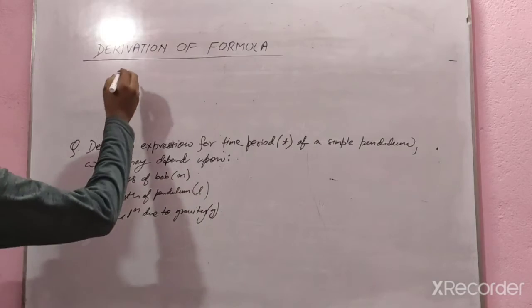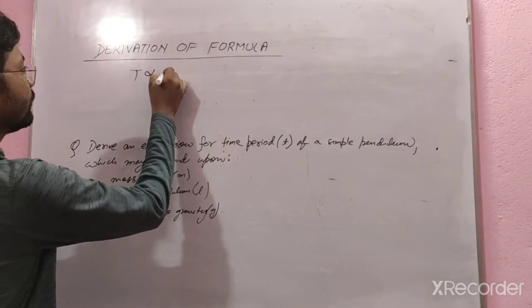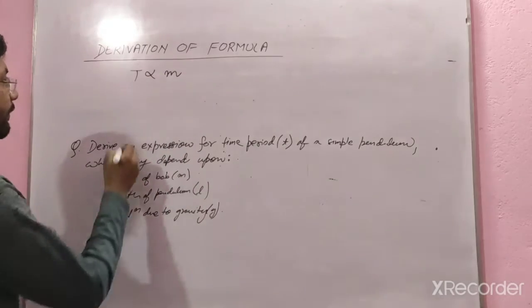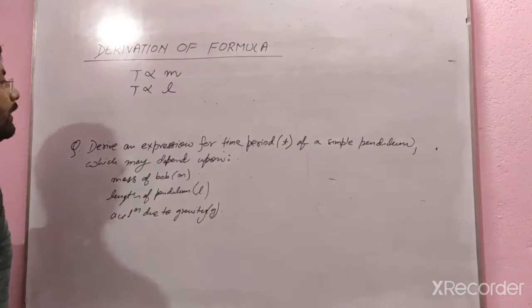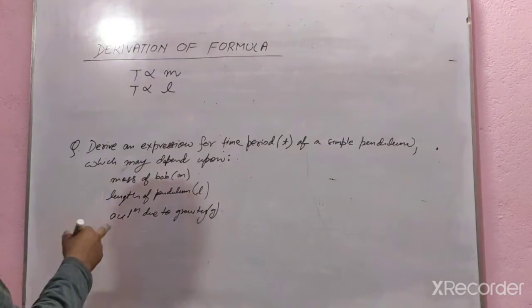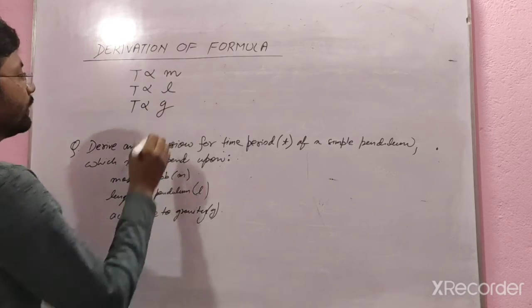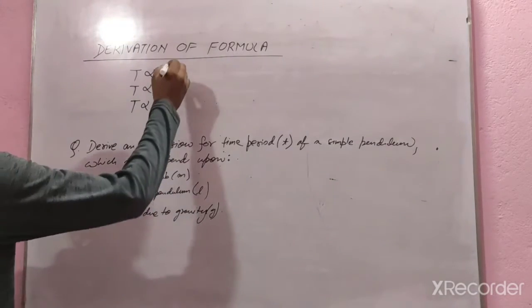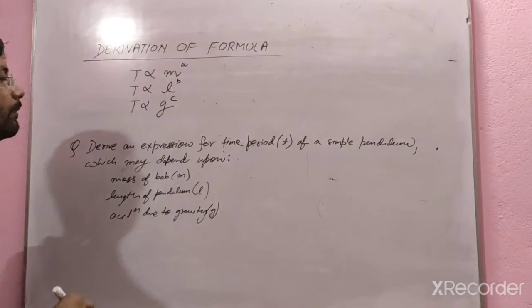For example, here time depends on the mass of the ball. So take T proportional to m. Time depends on the length of the pendulum, T proportional to L, and it also depends on acceleration due to gravity, g. Okay. Let's take the powers as constants a, b, c.